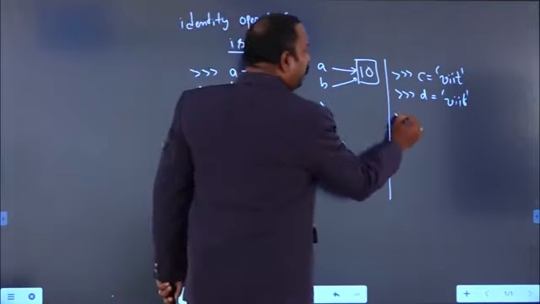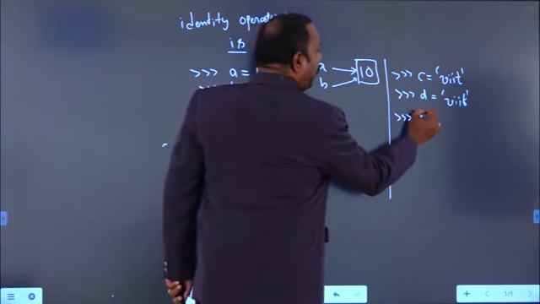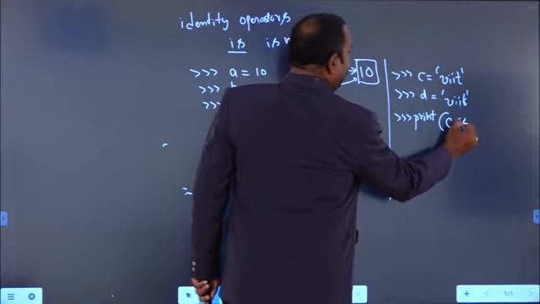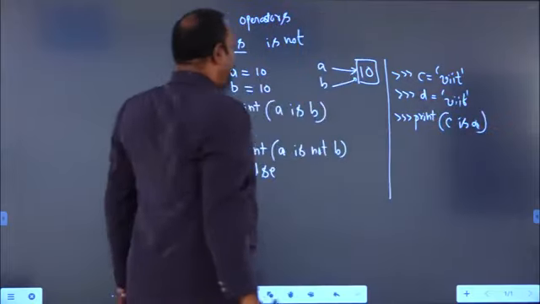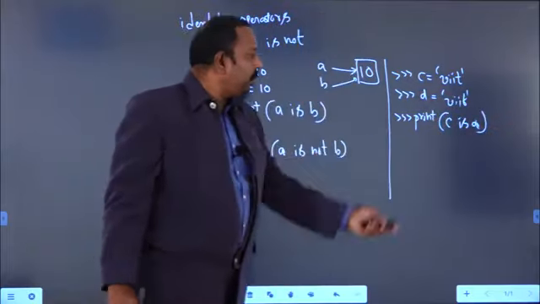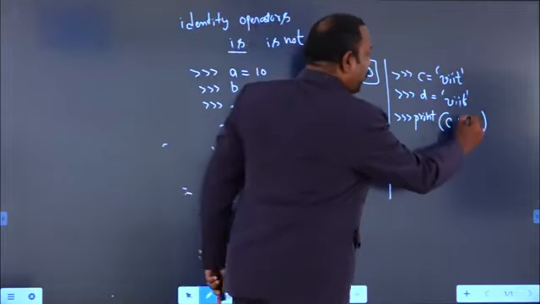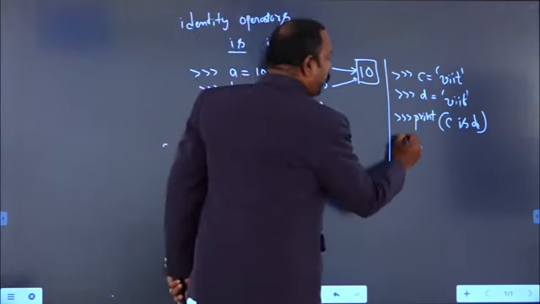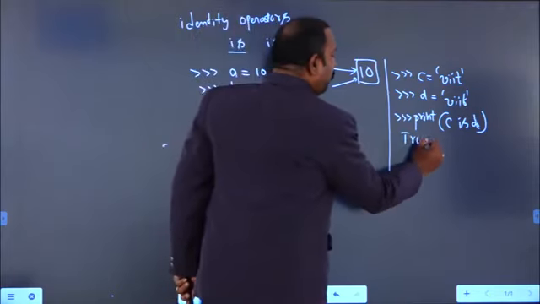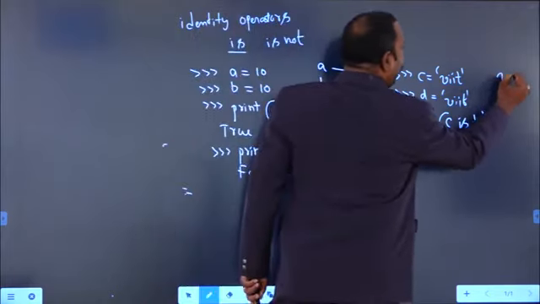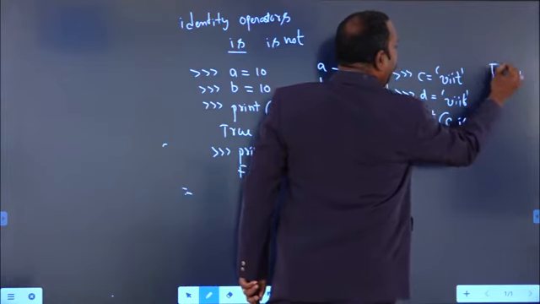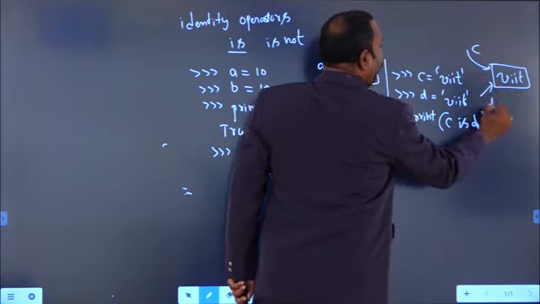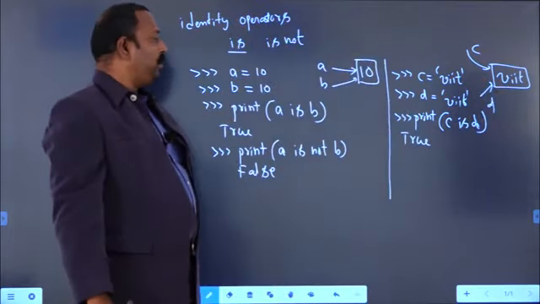Then you have to use print C is D. That means the address of C and the address of D are both the same. Then you will get the output true, because for a string also it will create one memory location, and C is pointing to VAIT and D is also pointing to VAIT. That's why you will get the output true.